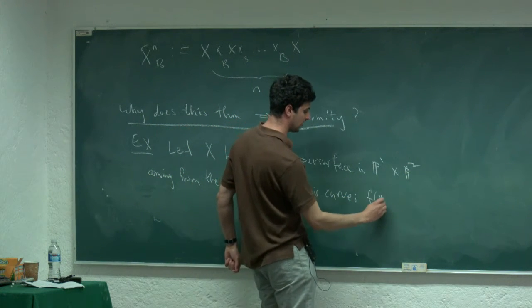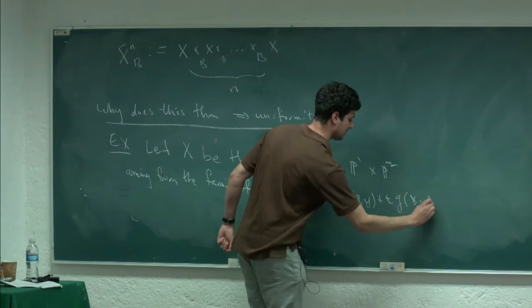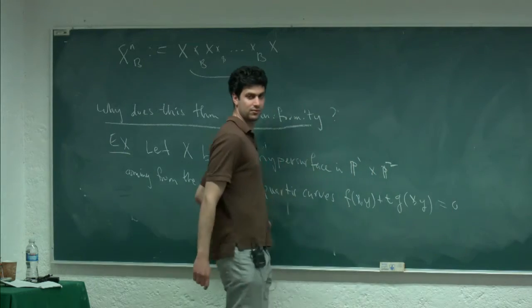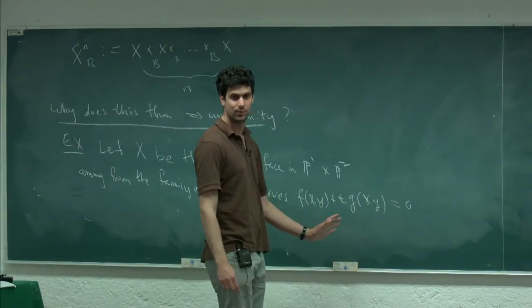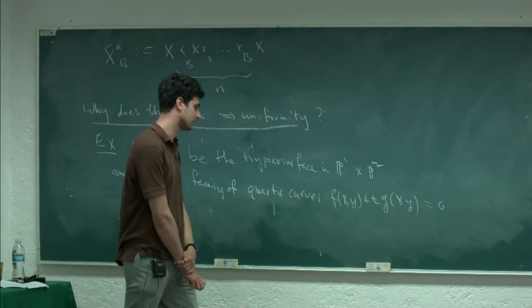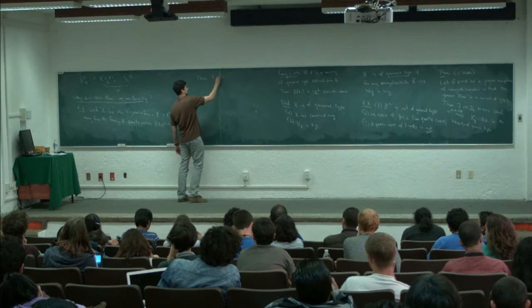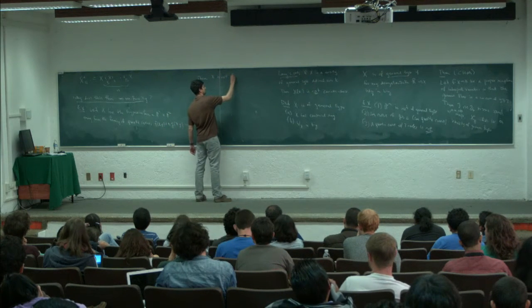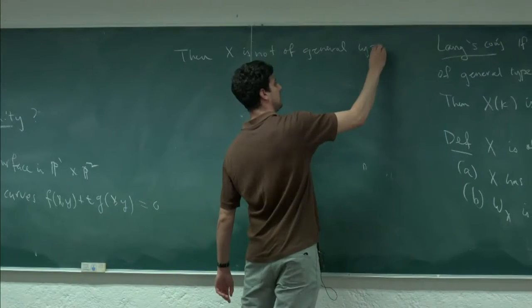Okay, so I take two quartic curves and I take a family. So the general fiber is a quartic curve, which is of general type. Then X is not of general type. So X is the total space, and it's not of general type.